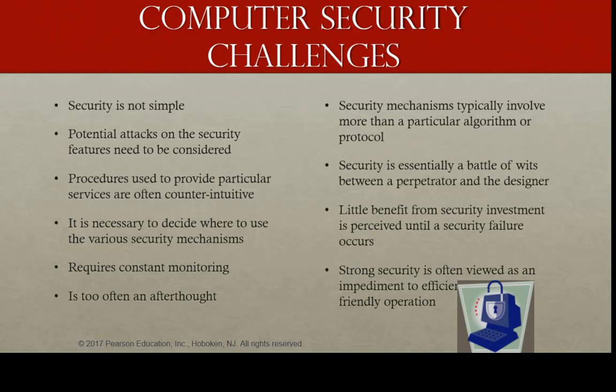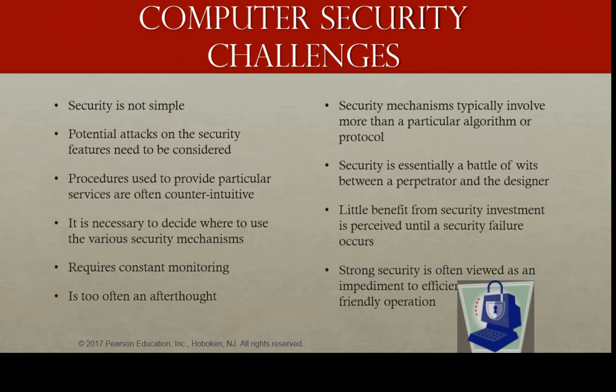Because of the previous point, the procedures used to provide particular services are often counterintuitive. Typically, a security mechanism is complex, and it is not obvious from the statement of a particular requirement that such elaborate measures are needed. It is only when the various aspects of the threat are considered that elaborate security mechanisms make sense.